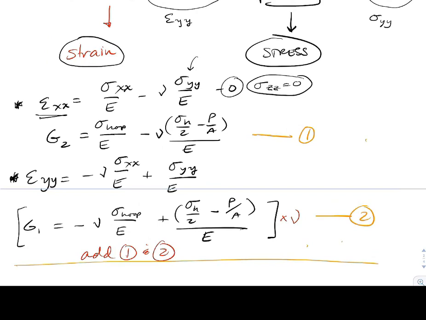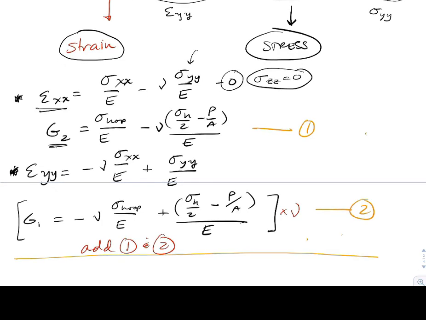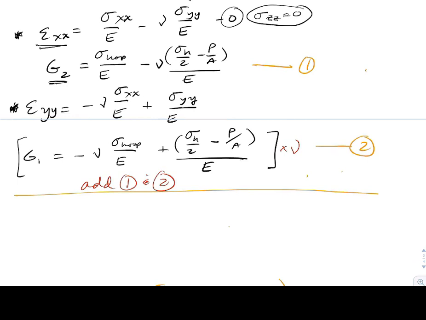We plug those into both equations. We end up with an equation that has G2 in it relating to the stresses x and y, and also strain yy related to stresses x and y. To help ourselves with a little bit of math, we're going to take equation 2, multiply it by Poisson's ratio, and add those two together. Math-wise, we end up with an equation that has G1, G2, and only sigma hoop in it.